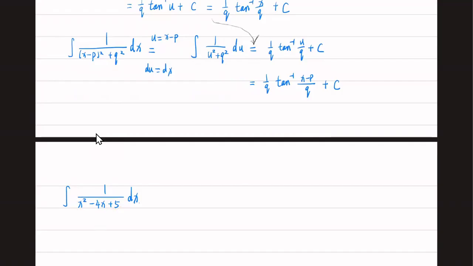Second, check. Could we factorize this? What's the result? x minus 1, x minus 5? If we have x minus, oh, x plus 1. Oh no, you can't. Okay, that's good.